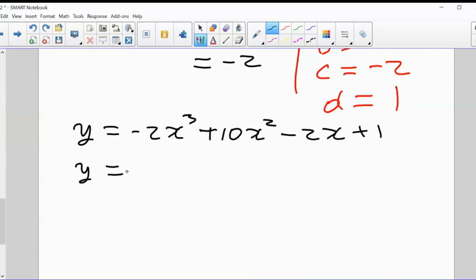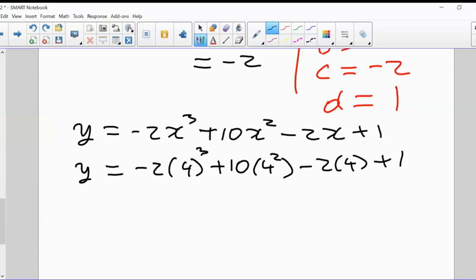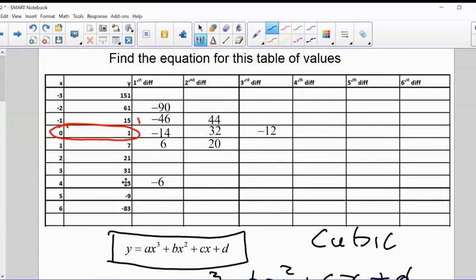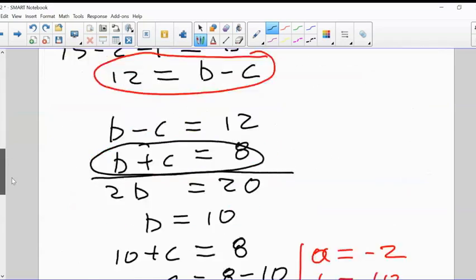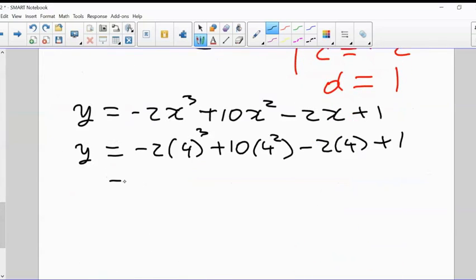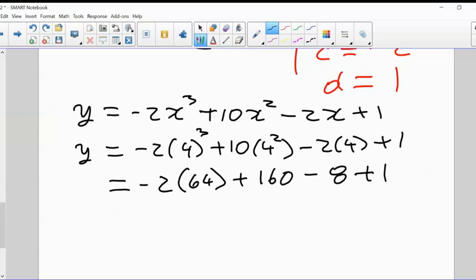So I say y is equal to minus 2 times 4 cubed plus 10 times 4 squared minus 2 times 4 plus 1. What we're hoping for is that the 4 is going to give us 25, because that's what the table of values says. So that's minus 2 times 4 to the power of 3, which I happen to know is 64, plus 4 squared is 16, times 10 is 160, minus 8, plus 1.